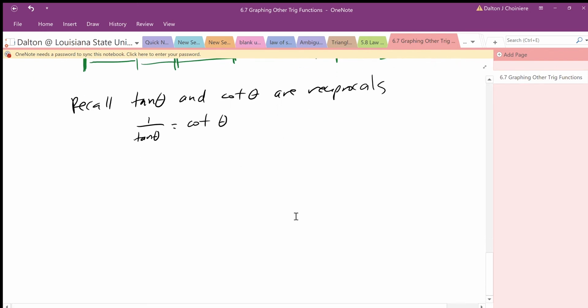Now that you kind of get the idea of how things unfold, I'm not going to show you a table or anything like that for this one either. We'll make our x increments. Again, we'll count by pi over 2.